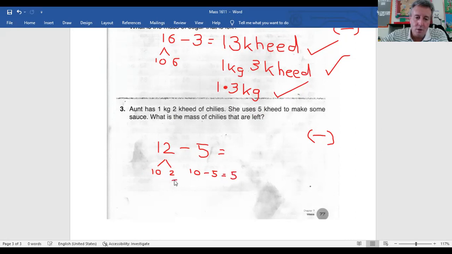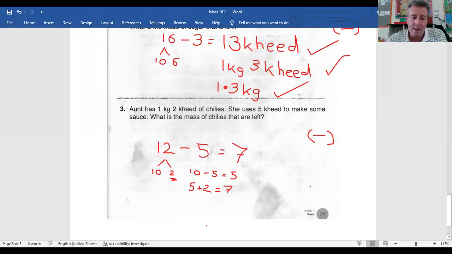And we've still got our 2 left over. So then we say 5 plus the 2 equals 7. So we converted them into keyed.